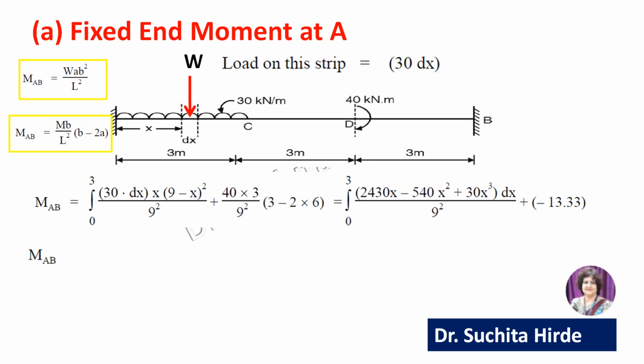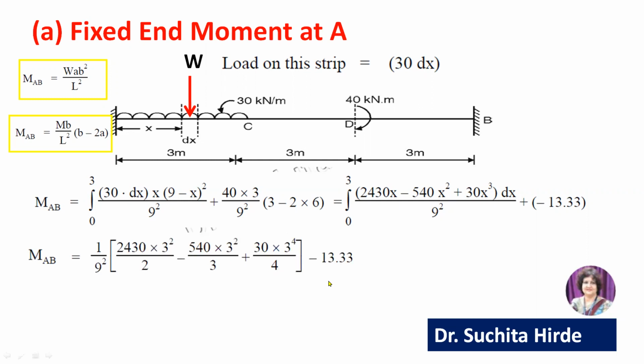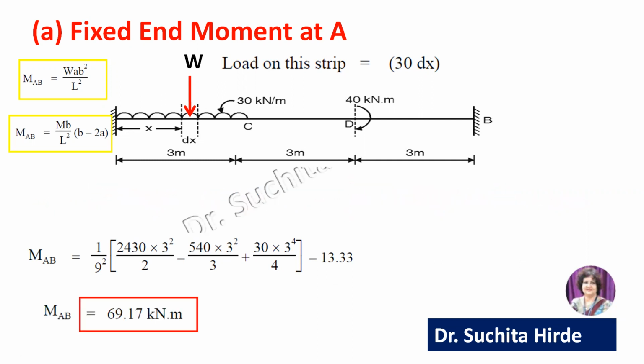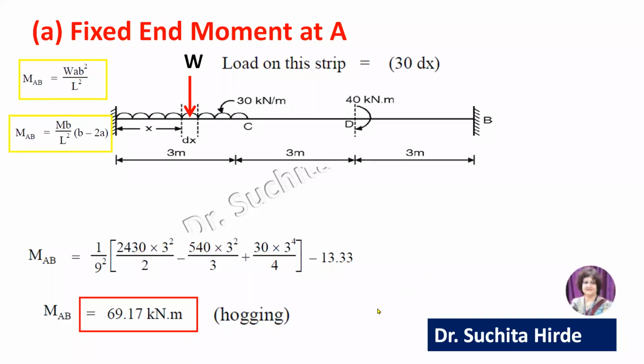So if you solve this, you will get MAB is equal to this. And further, if you calculate the value, you will get MAB is equal to 69.17 kilonewton meter. So this is how to calculate MAB. Remember that MAB is hogging.